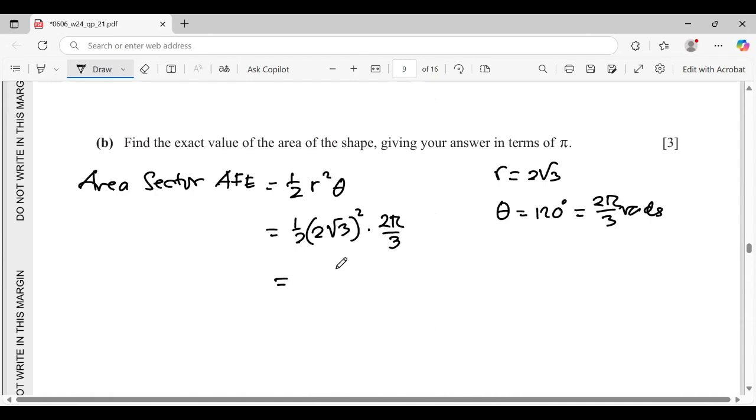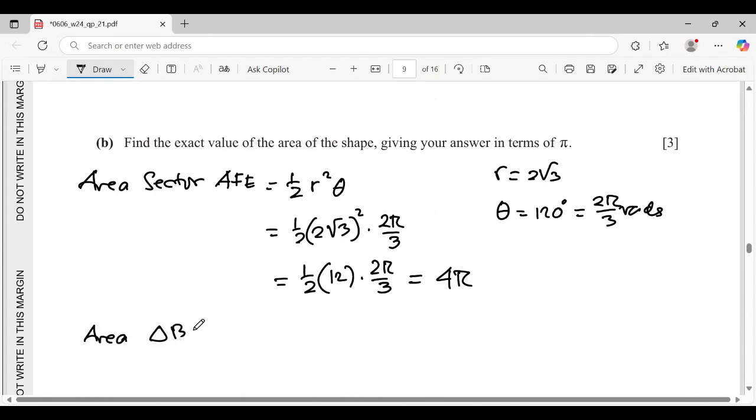So if you calculate, this is 1/2, this is 4 times 3, 12, times 2 pi over 3. And 6 times 2, 12, divided by 3, 4 pi.